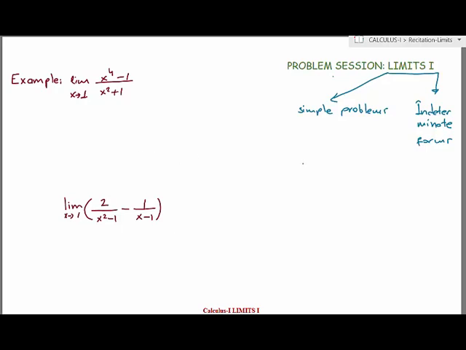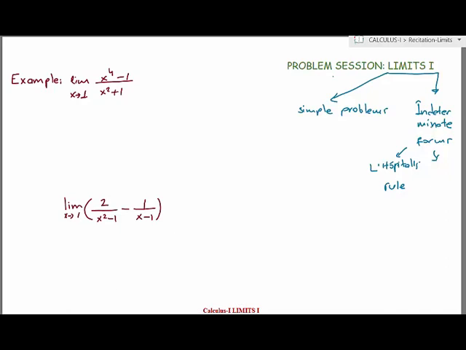We have two ways to solve indeterminate forms for limits. The first way, we can use L'Hopital's rule. Or we may simplify the expression or substitute the expression and take the limit of the new form of the expression.